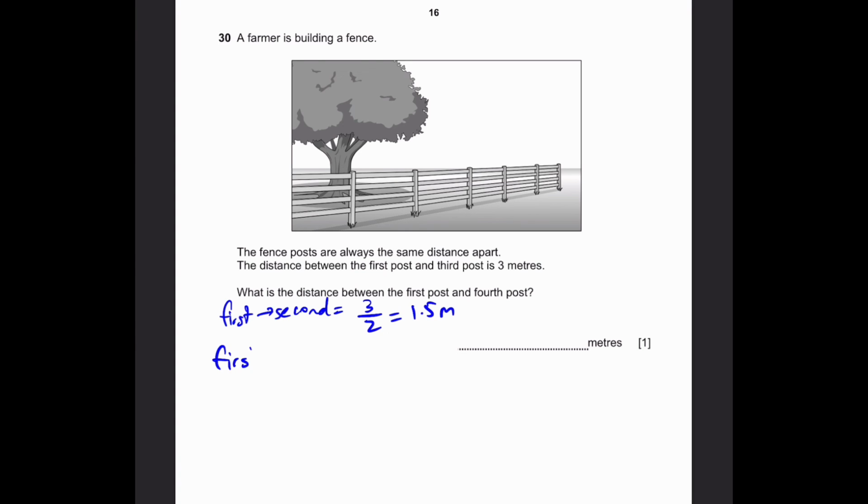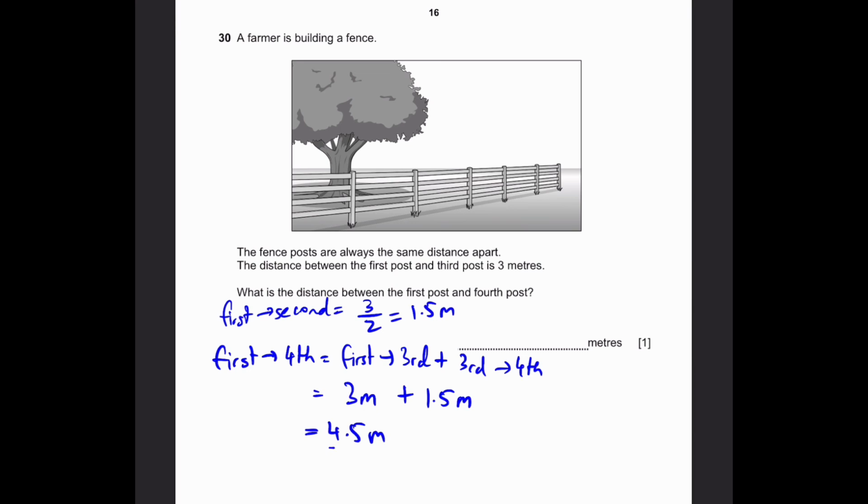So first to fourth will be first to third plus third to fourth, right? And first to third we know is 3 meters. And third to fourth is the same as first to second, 1.5 meters. So the distance between any two adjacent posts will be 1.5 meters. And that means third to fourth is also 1.5 meters. So the answer is 4.5 meters.